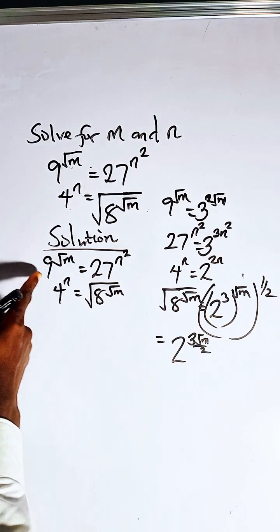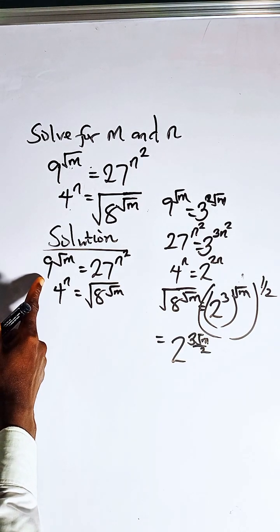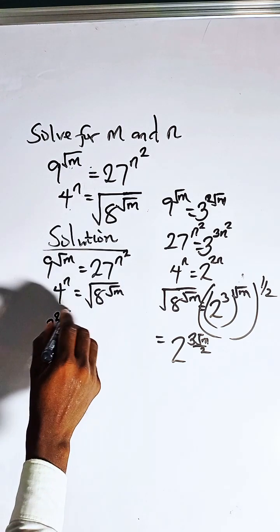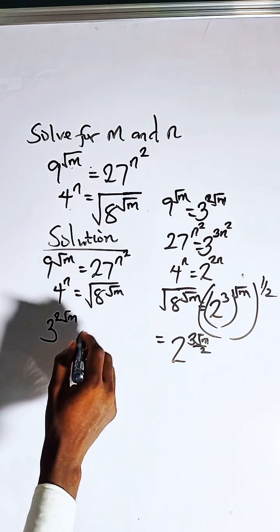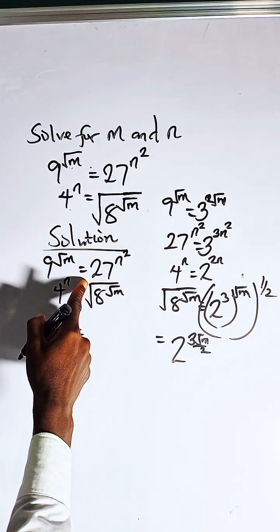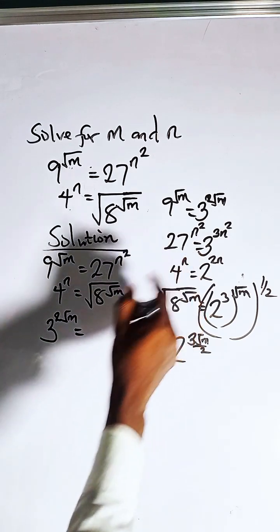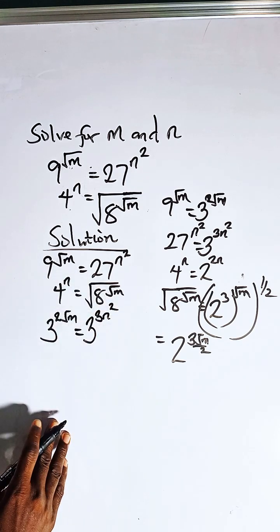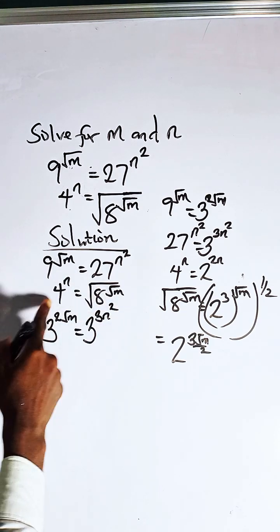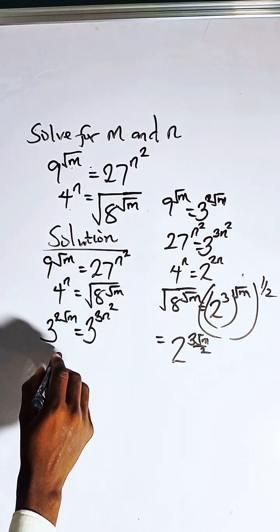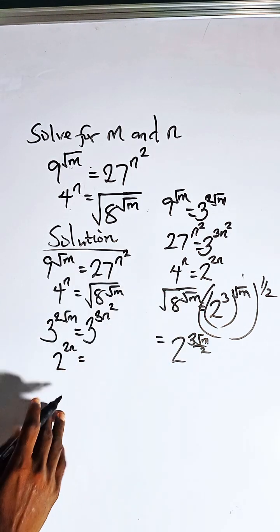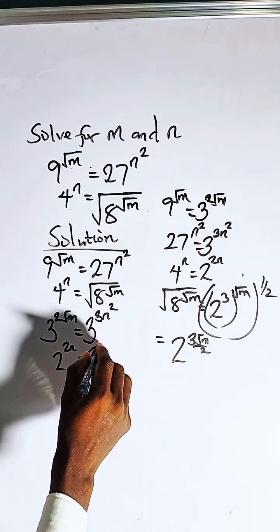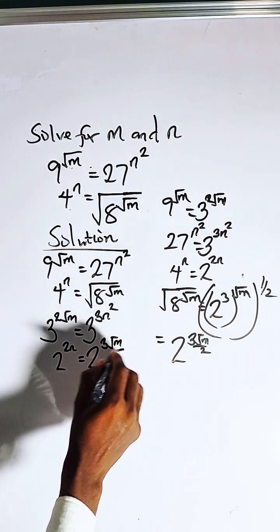Let us replace what we have here. 9 root m becomes 3 raised to power 2 root m, equals 27 raised to power n squared, which is 3 raised to power 3n squared. For 4 raised to power n, we have 2 raised to power 2n equals root 8 raised to power root m, which is 2 raised to power 3 root m over 2.